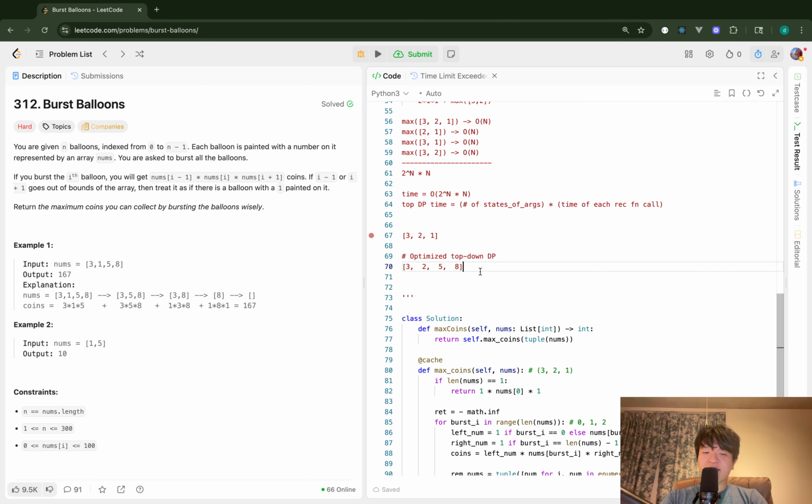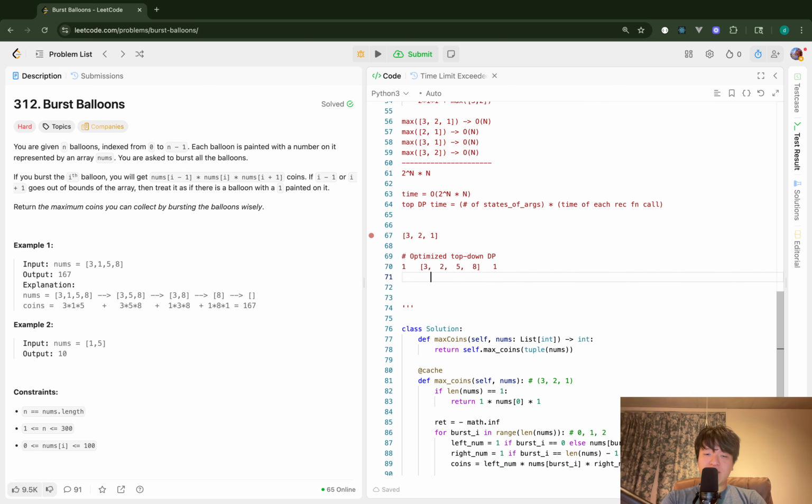In my last implementation, I decided which one I should choose first. Then I did the recursive function call with the remaining 3, 5, 8.